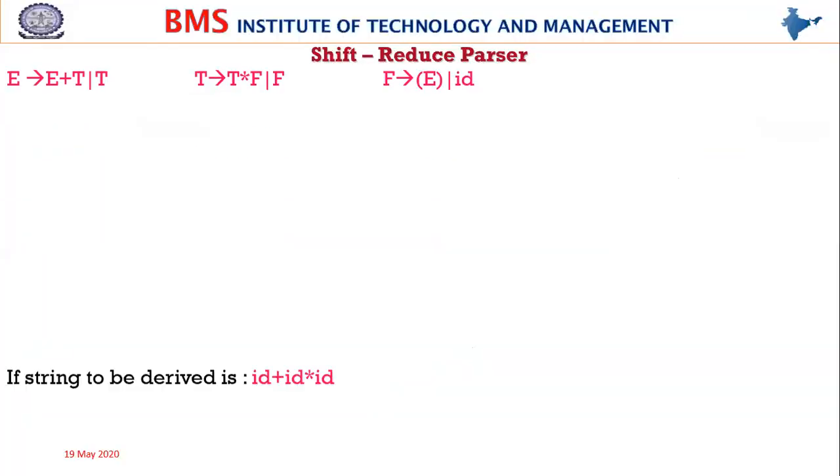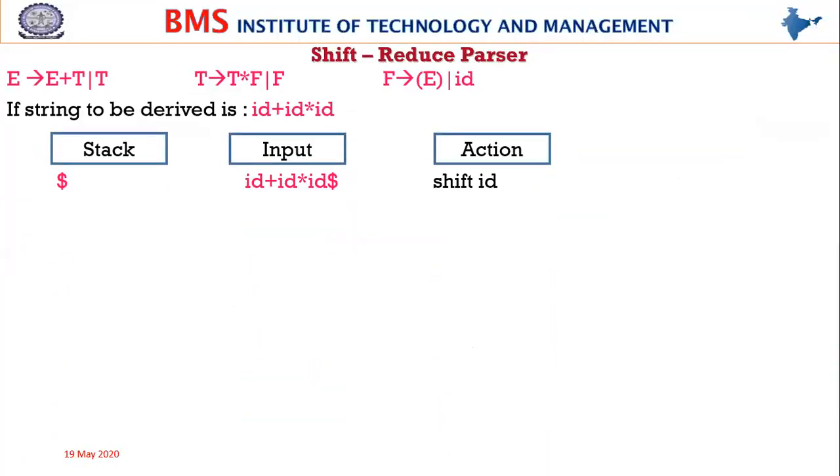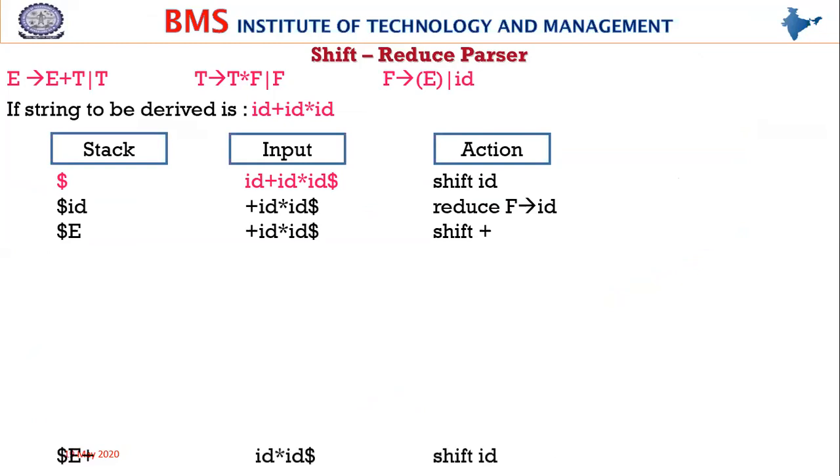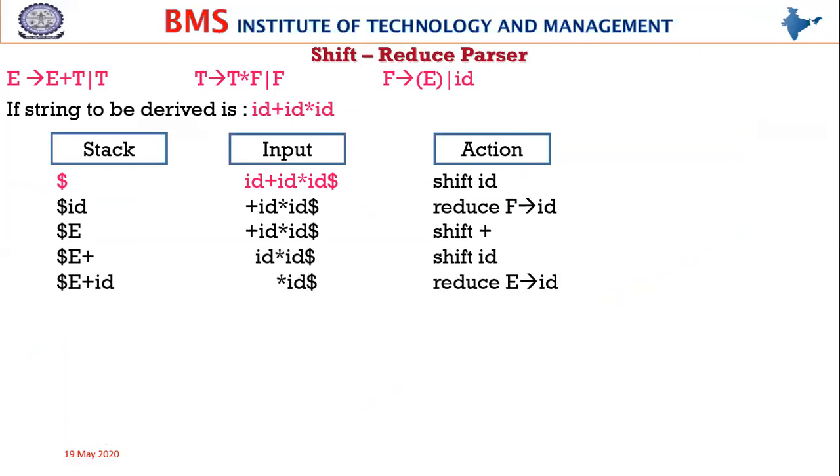Yeah, here produces ID. Yeah. Okay. Mistake. Okay. Shift reduce action has gone wrong.